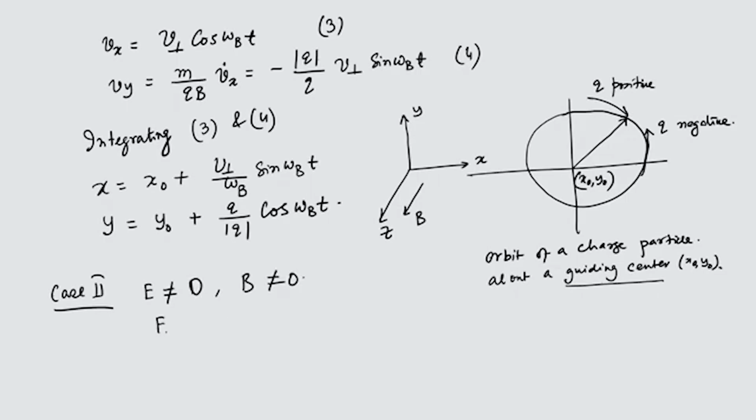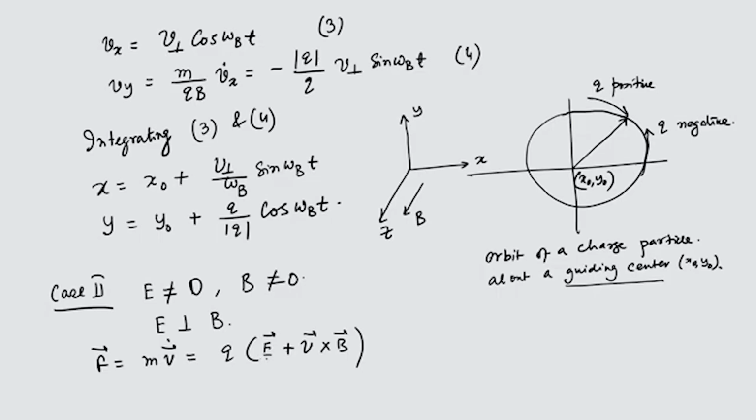But E is perpendicular to B. So it's basically a generalized condition of the one that we just saw, and we can write down the equation of motion, which is F equal to m v dot, which is equal to q into E plus V cross B. Okay. Now the total force has a component, or rather a contribution, coming from the electric field.